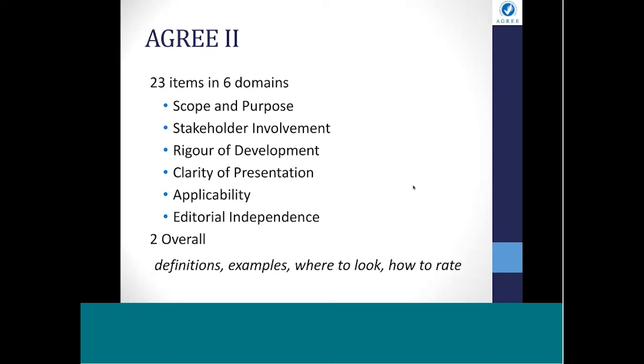I am going to go briefly through all of them, but also wanted to highlight that in addition to these 23 items, we have 2 overall questions that come after you do the assessment, after you do the appraisal of the guidelines.